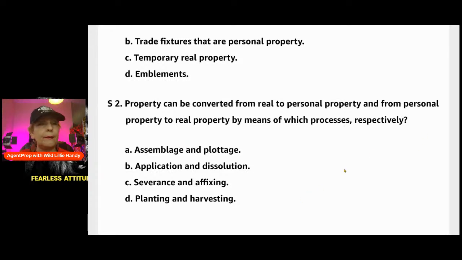It could be a fence. It could be a permanently installed jacuzzi. It could be certain things inside, like some bedrooms don't have a closet. So if you affix an armoire or a personally built closet, then it becomes affixed. It becomes part of the real property.